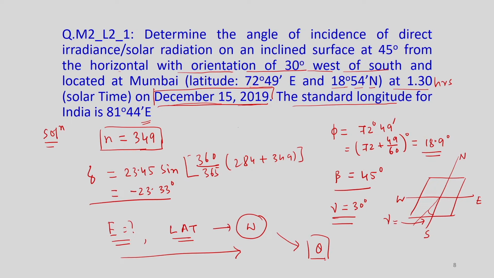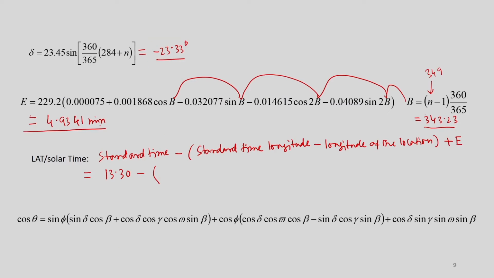Then the standard time longitude, we can go back. The standard longitude for India is 81 degree 44 minute. So, we can write 81 degree plus 44 by 60, which is about 81.733. This is important. If we substitute this value, we missed one term here, 4.